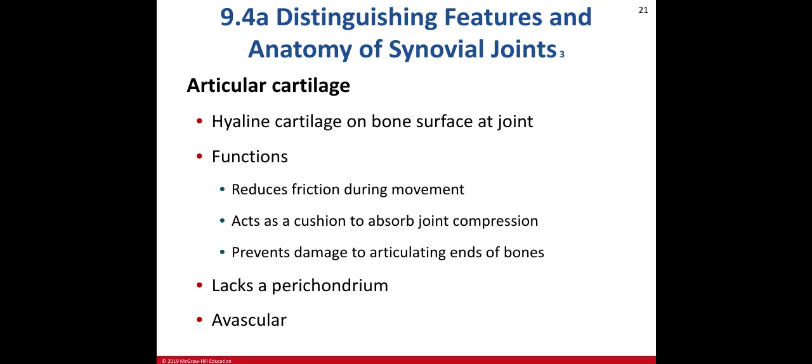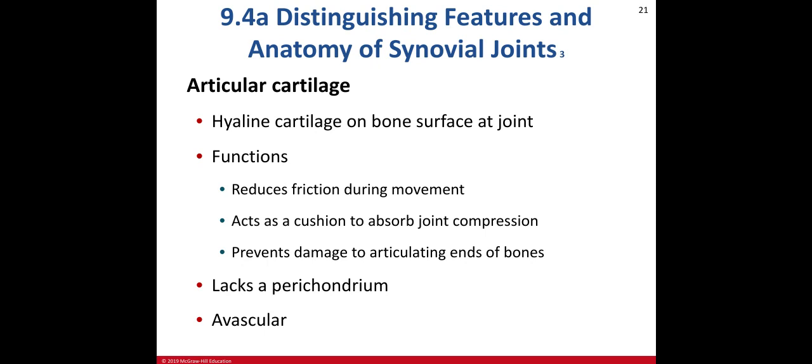Of course, you've got articular cartilage, which is also called hyaline cartilage. That's what it's made of. That is on the bone surfaces at the joint. The articular cartilage's main job is to reduce friction during movement, to be a cushion to absorb joint compression, and to prevent any damage to the ends of the bones. That area does not have the perichondrium and is avascular.